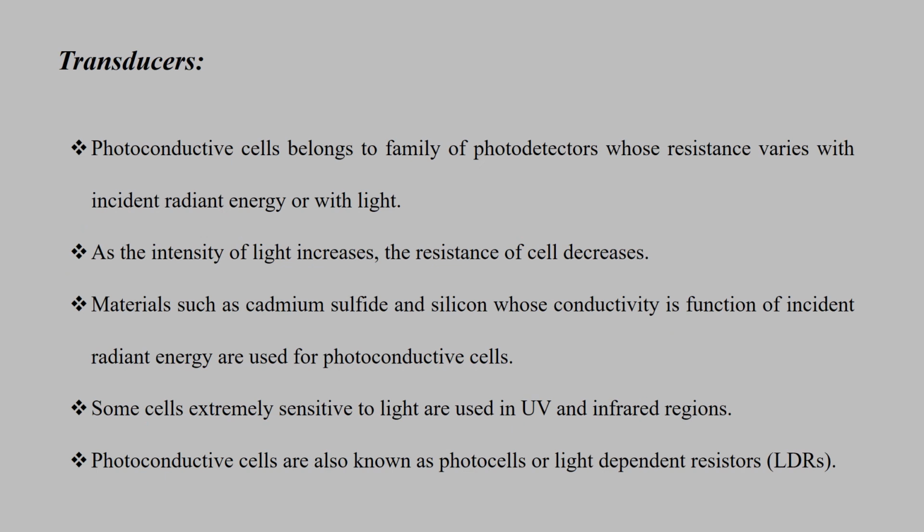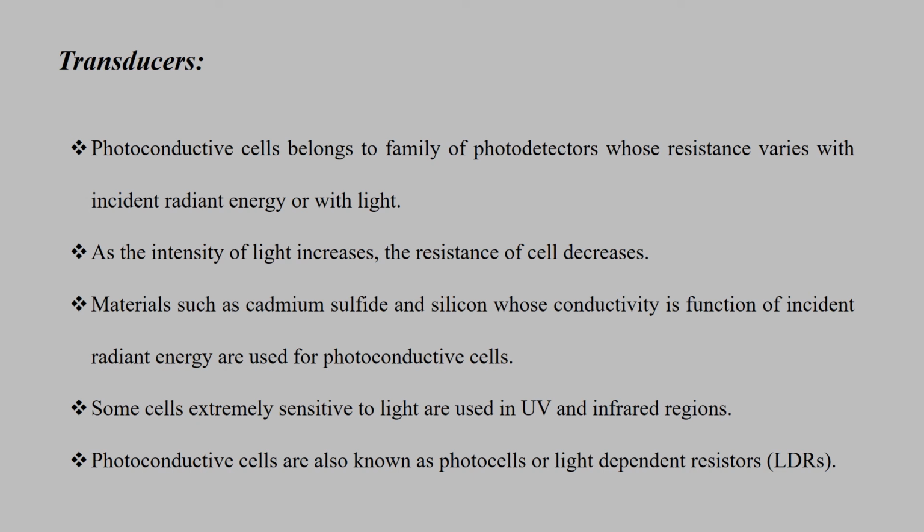Second one is photoconductive cells. They belong to a family of photodetectors whose resistance varies with incident radiant energy or with light. As the intensity of incident light increases, the resistance of the cell decreases.